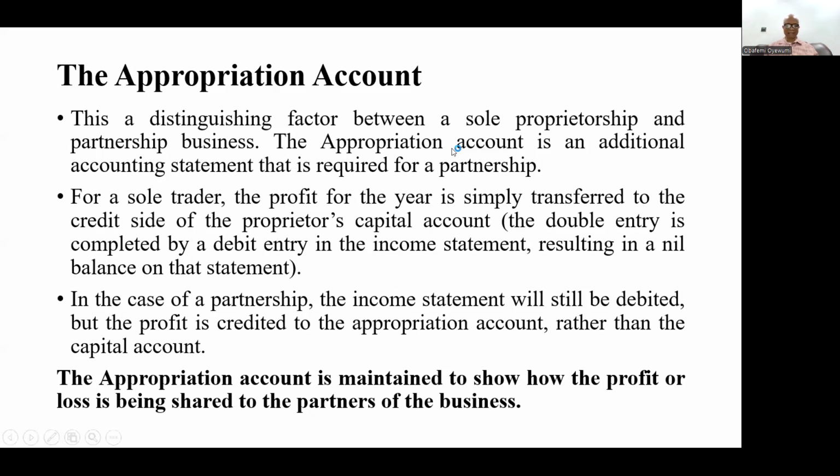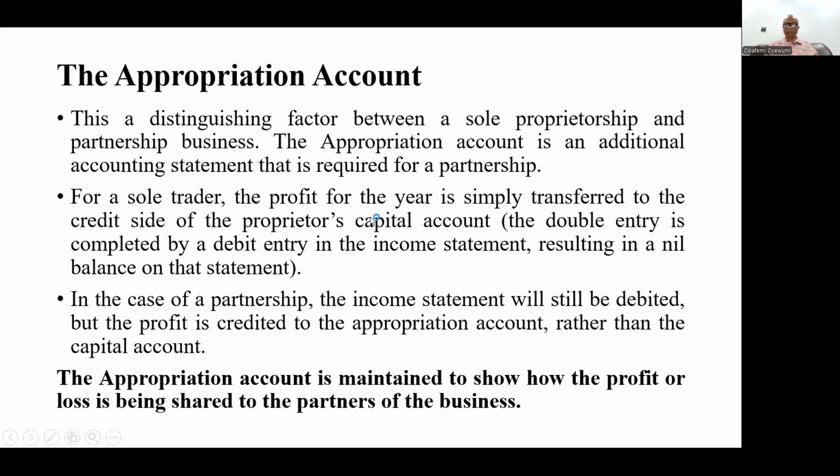But in this case, the income statement will not just end the way it usually ends for sole proprietors. There's an extension, and the extension is what we're capturing as the appropriation account. It's an additional account that is required for partnership.